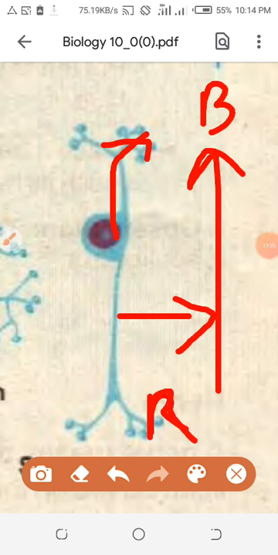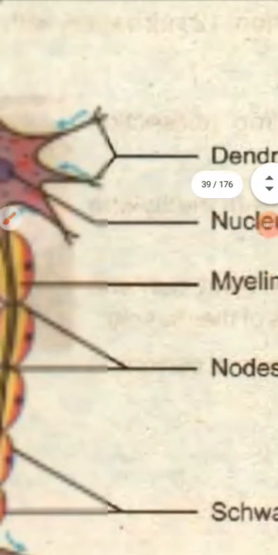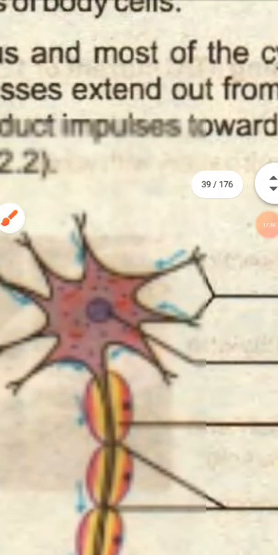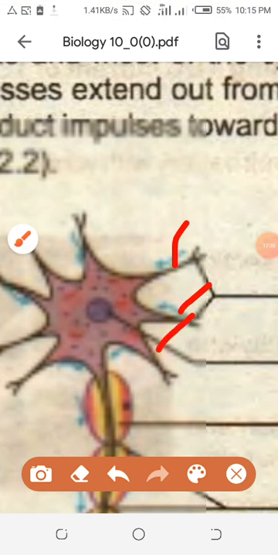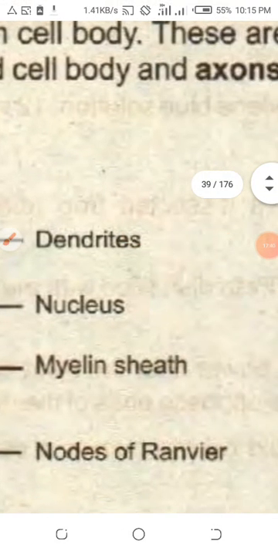fiber. Actually, these fibers were small in the motor neuron, and they were maximum. Here what is happening? This is a modification. What is the modification in this case?